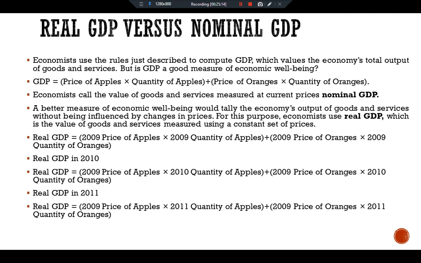Notice that 2009 prices are used to compute real GDP for all three years because the prices are held constant. Real GDP varies from year to year only if the quantities produced vary, because a society's ability to provide economic satisfaction for its members ultimately depends on the quantity of goods and services produced. Real GDP provides a better measure of economic well-being than nominal GDP.